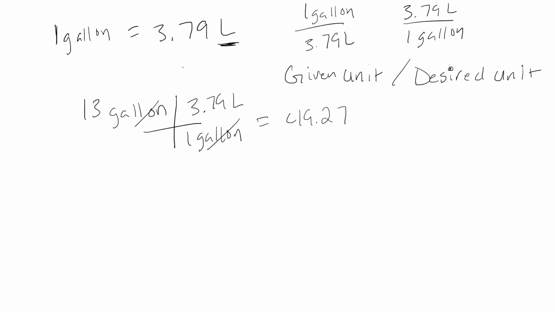Now keep in mind, what we're going to learn next is significant digits. There are two significant digits here, so this should actually be 49, and remember my units should be 49 liters. That should be my answer.